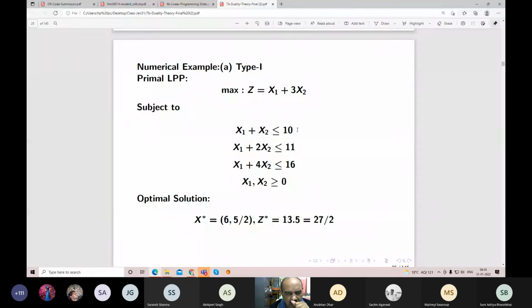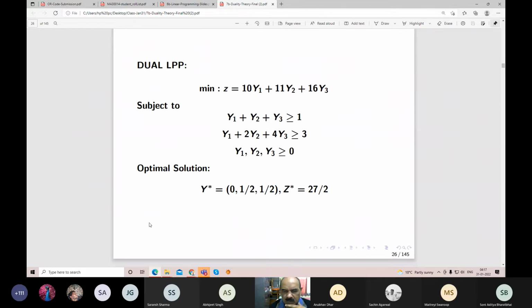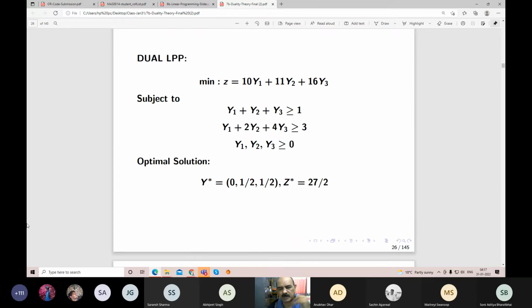First two are 0, means y1 has to be 0, y2 has to be 0, y3 is non-zero. So with respect to this, what is the value of z? Z is becoming 12, x1 plus 3 into 4 becoming 12.